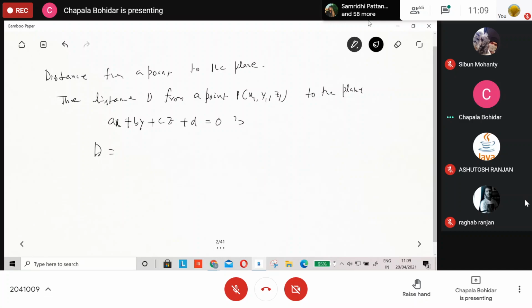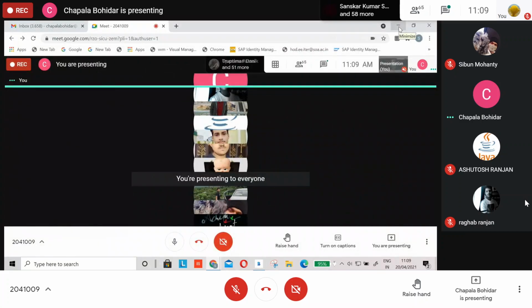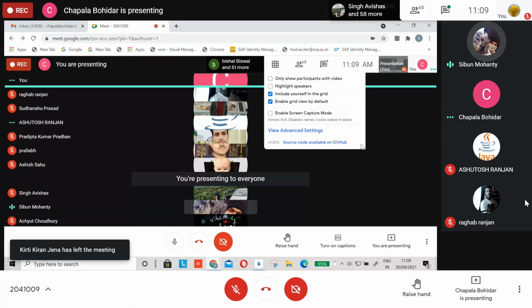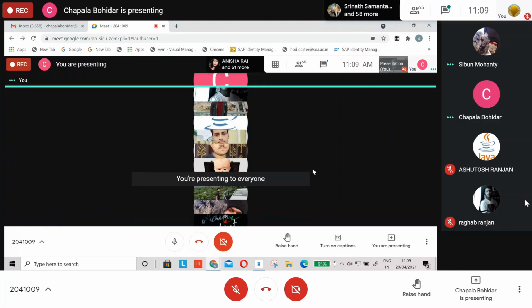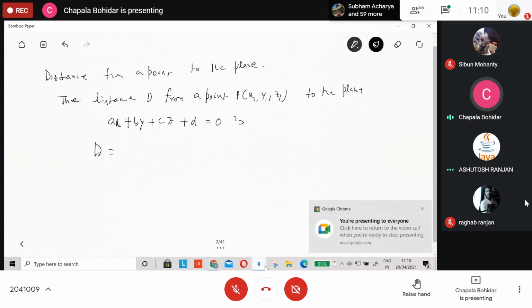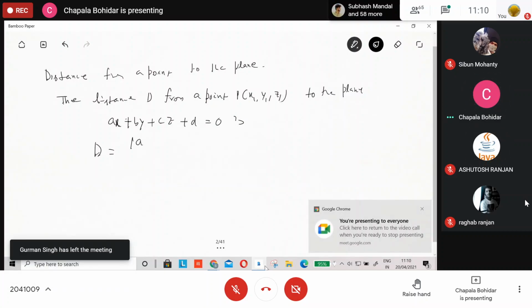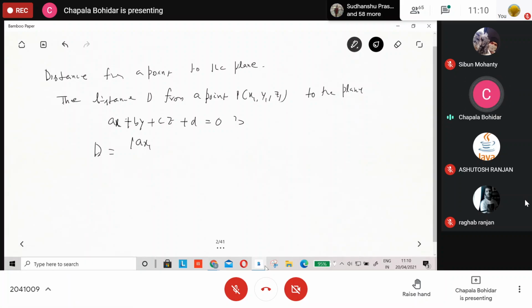D is equal to the absolute value of ax1 plus by1 plus cz1 plus d, divided by the square root of a square plus b square plus c square. I think all of you know this formula.